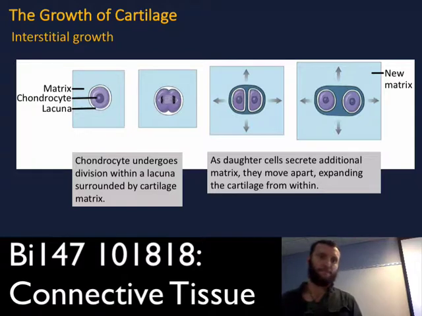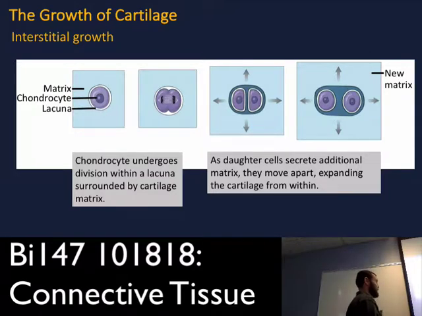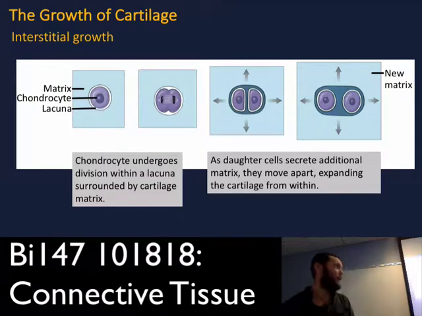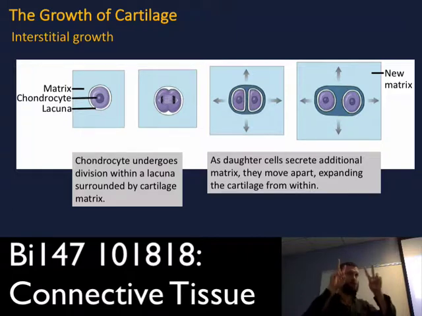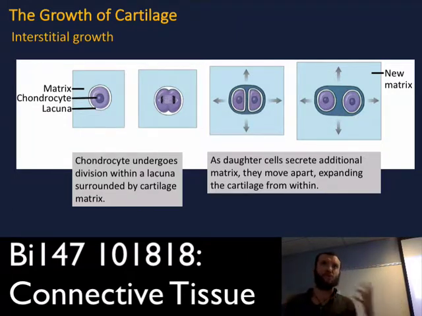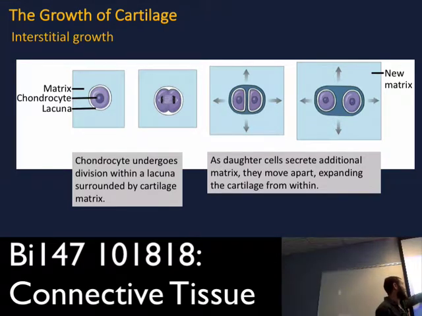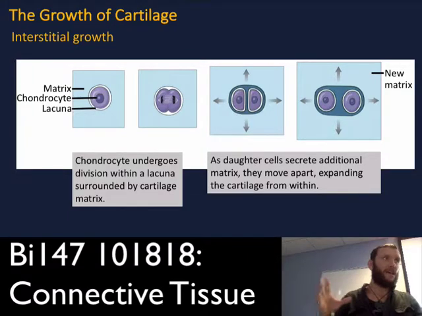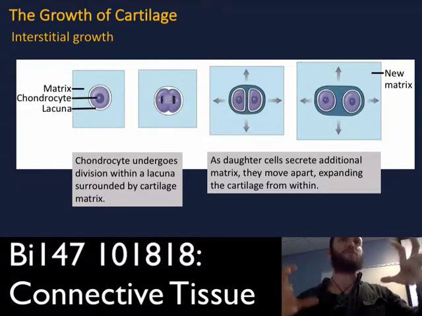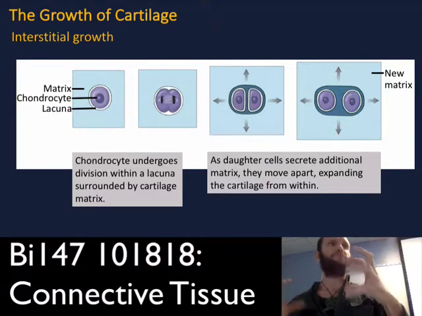All right, so let's take a quick look at how cartilage can grow. This is one of two ways. I'm only going to talk about this way because the other is more for babies. You have a chondrocyte that is embedded in its matrix, its ground substance, which is like gel.